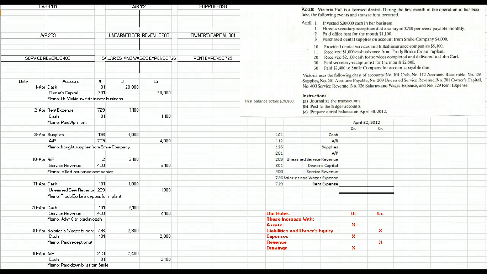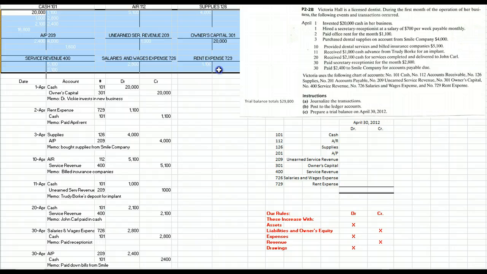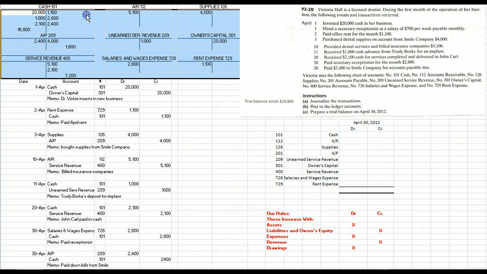Create the journal entries. Now we have to post them to the individual T accounts to see what our balances are. So for example, the first journal entry, we debit cash for $20,000 and we credit owner's capital for $20,000. I won't take up your time in doing all that, but all we do is post those various journal entries and then strike balances.